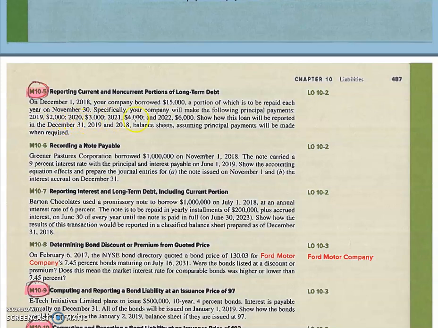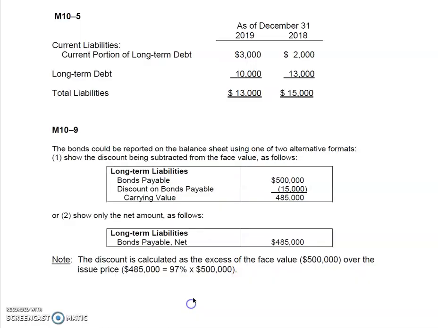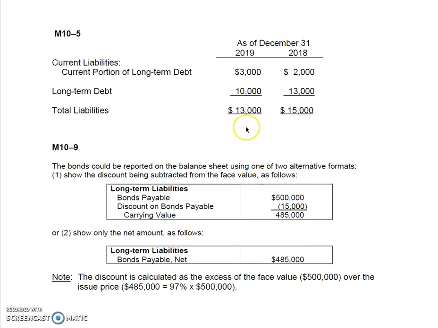And then the other $13,000 is long-term liability. So here's December 31st, 2018, $2,000 current portion of long-term debt, $13,000 long-term debt or non-current liability.